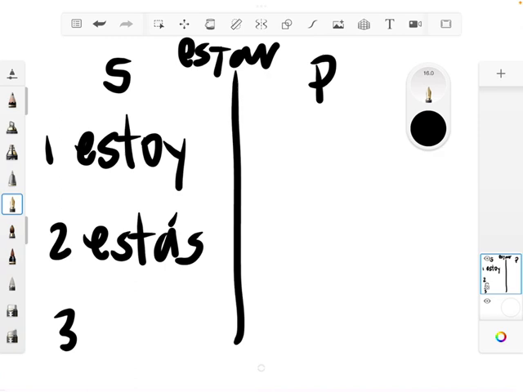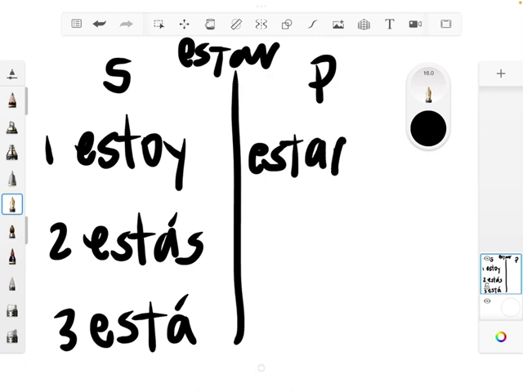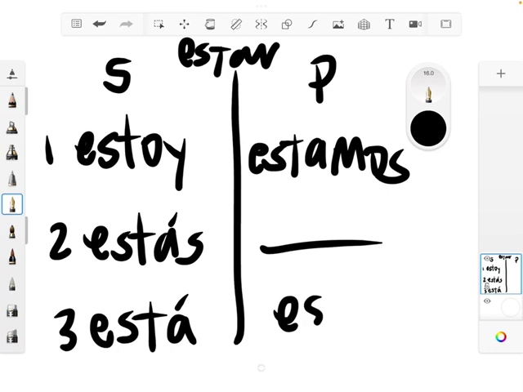Third person singular, él está. And whenever I just write out él, it's really él, ella, usted. For the purposes of writing it out, I'll just use that one form, but it applies to all of them. Nosotros estamos. And ellos están.